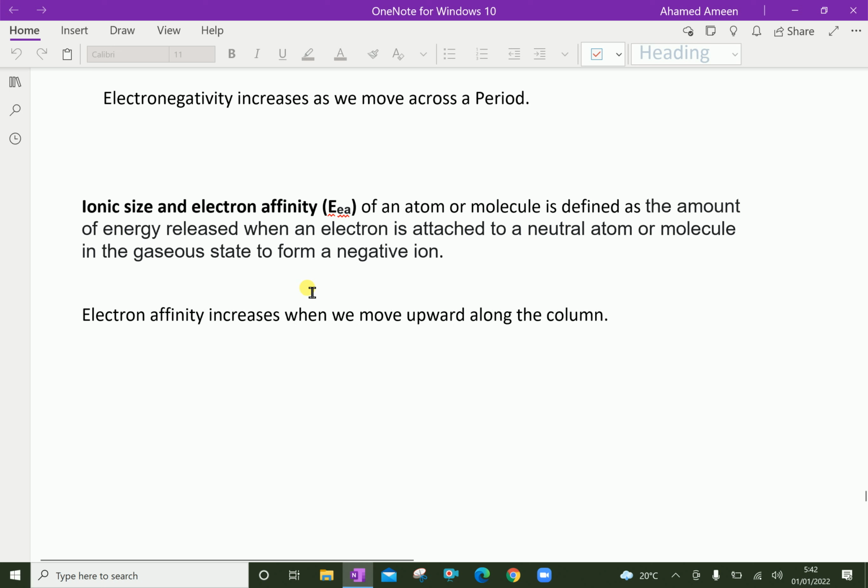The increase in electronegativity across a period is much more dramatic than the decrease in electronegativity down a group.